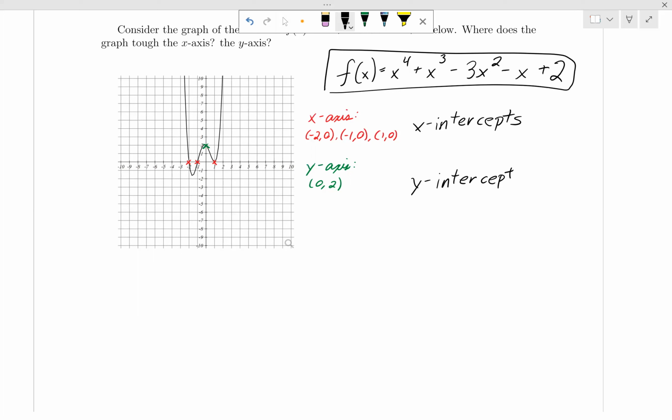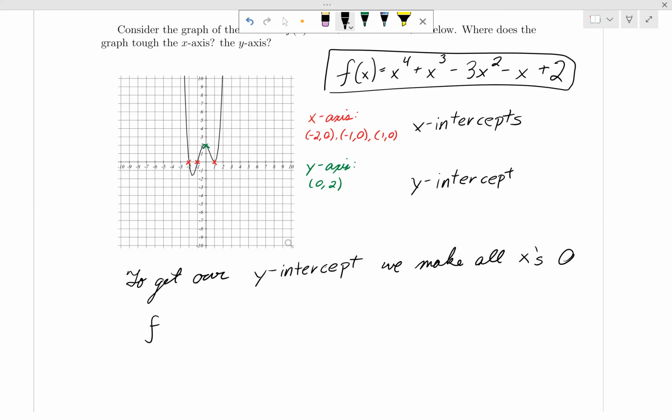So to get our y-intercept, we make all x's 0.